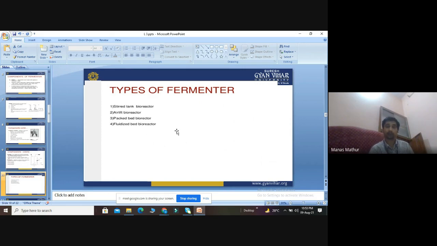The four types are: stirred tank bioreactor, airlift bioreactor, packed bed bioreactor, and fluidized bed bioreactor.